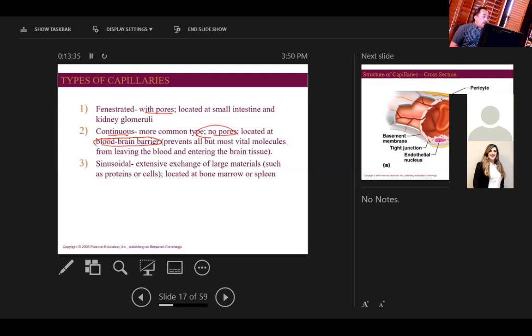The other type is called sinusoidal, and usually you see this type in the bone marrow and spleen. What does it mean? It has bigger pores, and it allows large materials to go through. Fenestrated has pores, but they're not as big as the sinusoidal. And continuous has no pores.